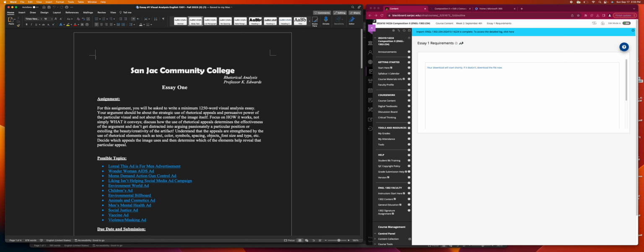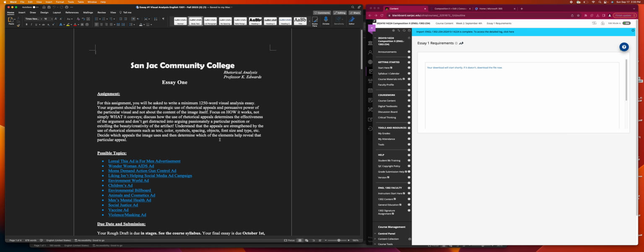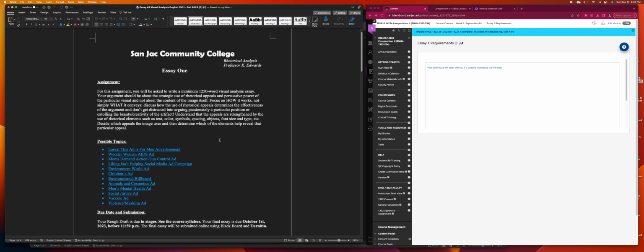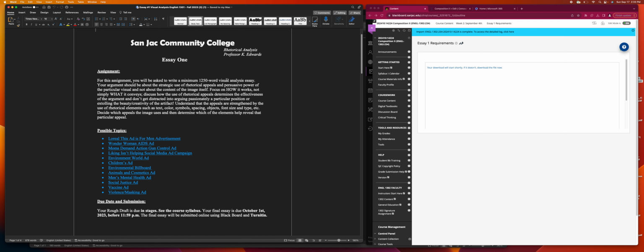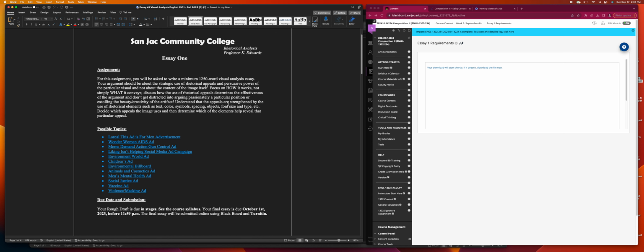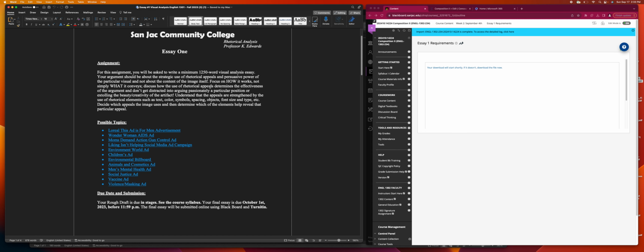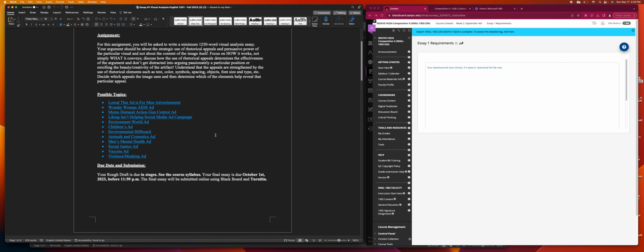Right, so again, I was asking you to go through and take a look at the requirements for Essay 1. You should see the word count here. If you're not sure about that, please take a look at this again. This is a minimum word count, not maximum, minimum. You need to have a minimum of 1,250 words for this essay in order for it to be graded. Okay?